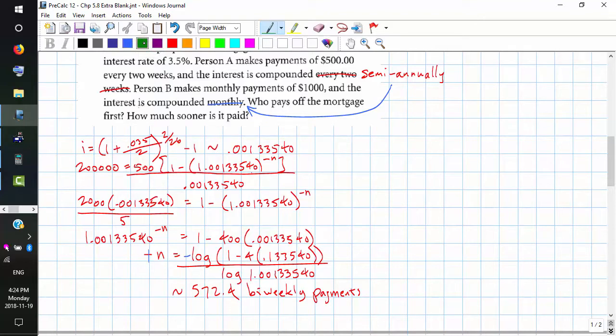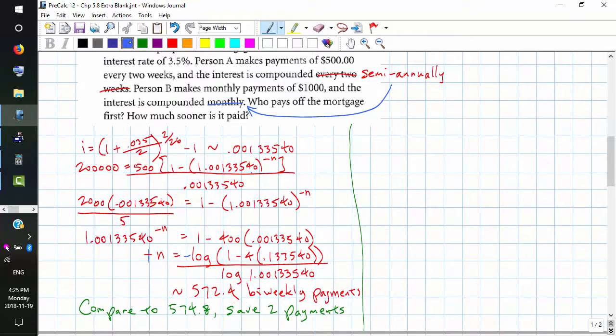And we've done the work already on this one. Compare to 574.8. Save 2 payments. Okay, 2 payments of $500. That's $1,000 you save.